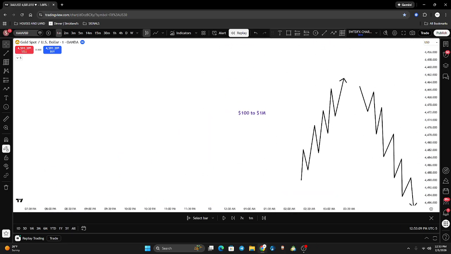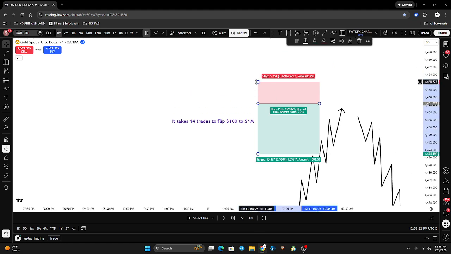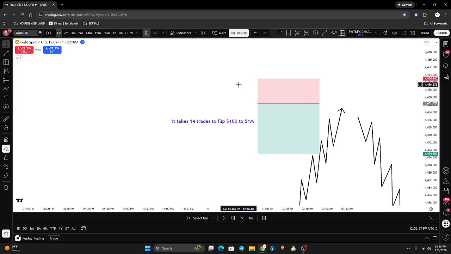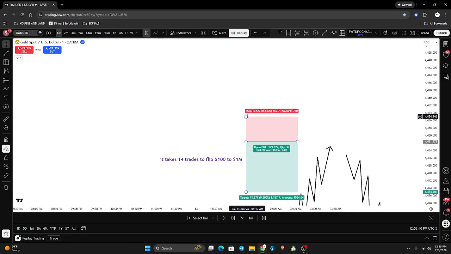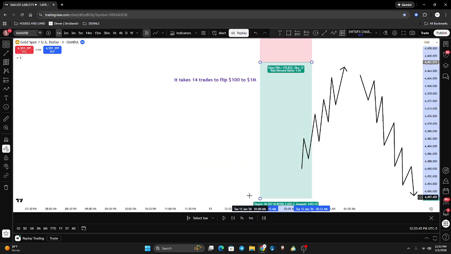So 100 to a million, it'll take you 14 trades. And by 14 trades, what I mean is doubling, right? If you're doubling a trade, you don't have to go for exactly a 1 to 2 RR. I don't care if your trade is a 20 pip stop loss and a 40 pip TP, bro.